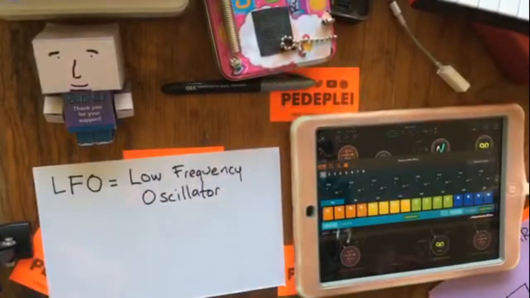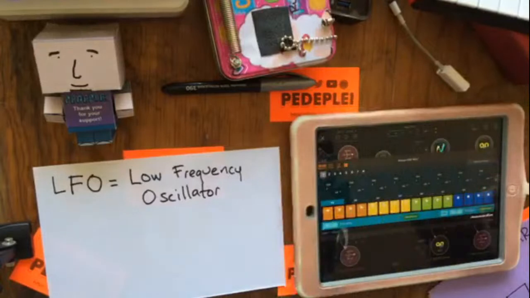This comes from the analog synth world, where everything was controlled by voltage. It was just voltage coming in and getting out to the speaker, and that's how sounds were made.